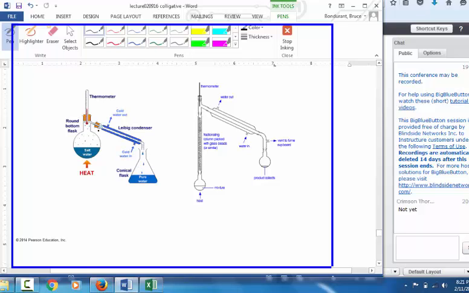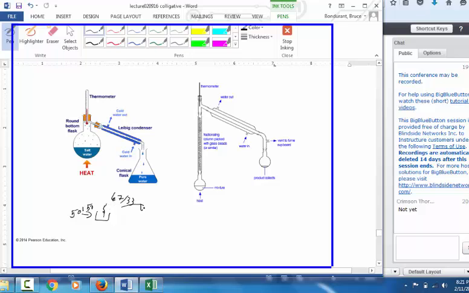So that's a single step. Now imagine if you could take this stuff and boil it out. So you start out with 50-50, you boil it up and you end up with a 67-33 in the vapor phase.